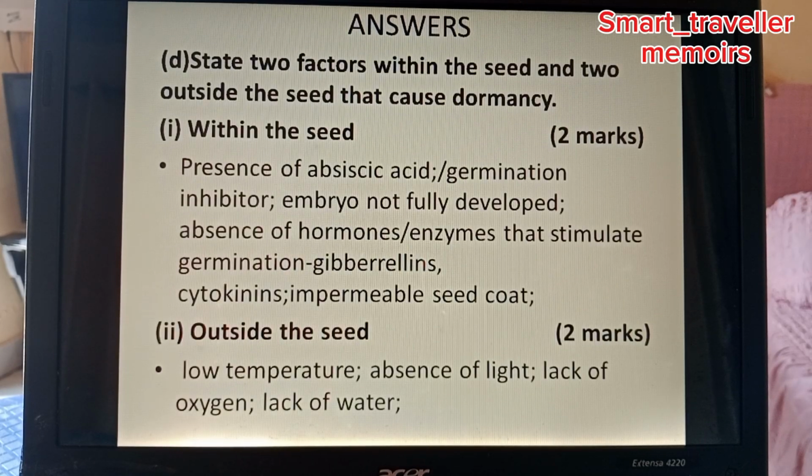State 2 factors within the seed and 2 outside the seed that cause dormancy. Within the seed, we have presence of abscisic acid, or you can call it germination inhibitor.